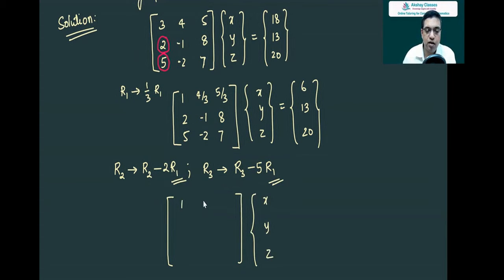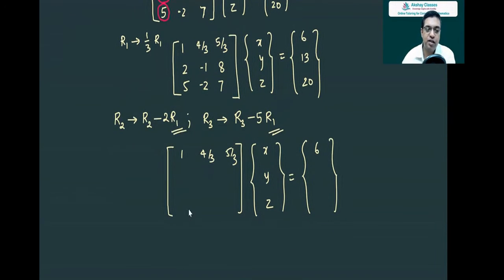So this is 1, 4 by 3, 5 by 3, 6 here. Now let us do this transformation. R2 is R2 minus 2 R1, so this becomes 0. So 1 minus 2 times 4 by 3.